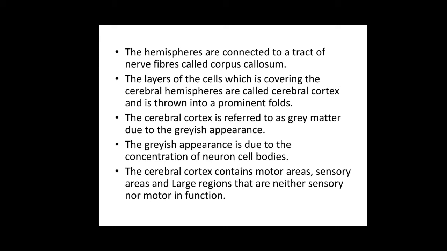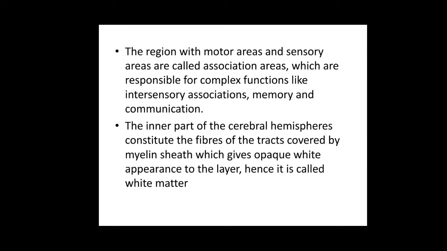The cerebral cortex, along with the gray matter, also contains the motor areas, the sensory areas, and large regions that are neither sensory nor motor in function. These are called the association areas, which are responsible for functions like intersensory associations, memory, and communication.